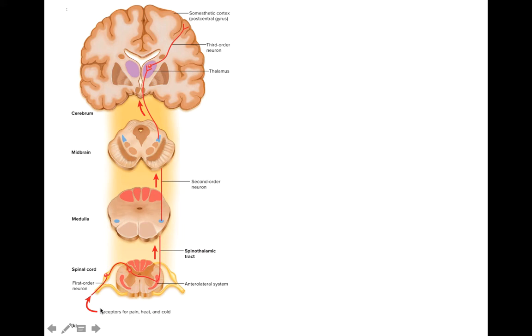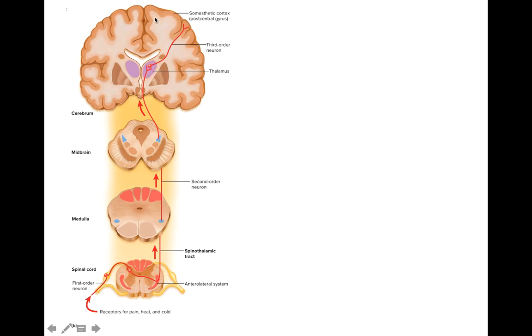If this, let's say, came from your hand, it's going to come in, and this neuron is going to synapse with an interneuron that is going to route into the part of this tract that codes for hand. And it's going to go up, up, up, all the time carrying the information that this came from my hand.